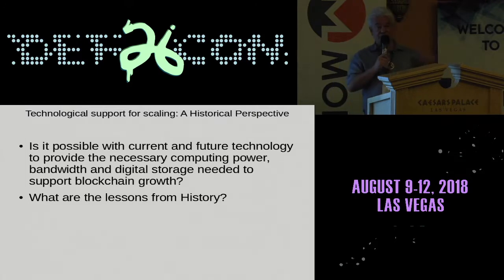And we're talking over decades. So the question is, can we really continue to scale, and what is going to happen with technology? This is the technological side of scaling.